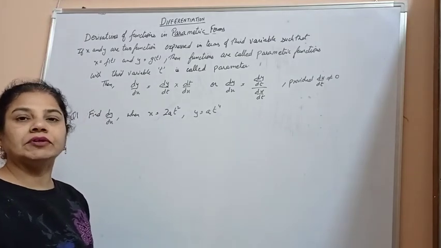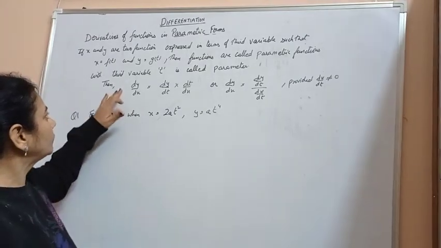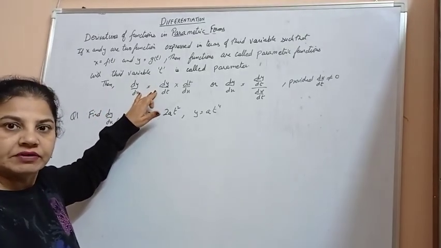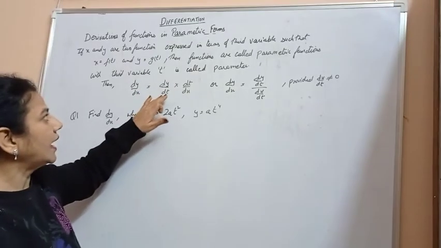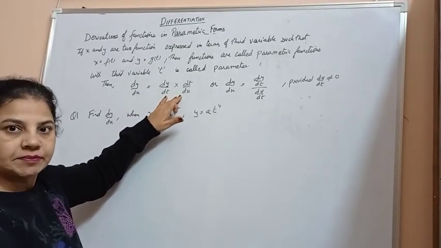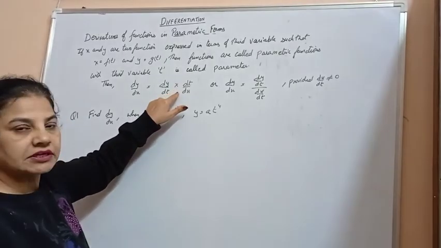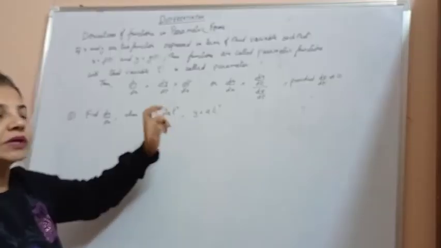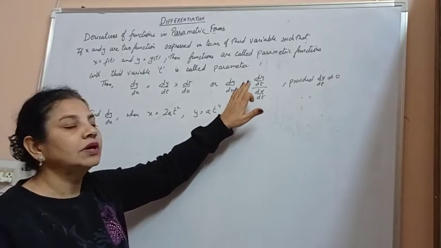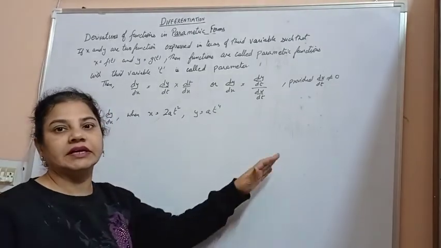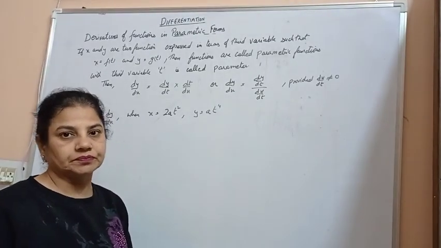To find the derivative of such a function, dy by dx is given as: we take the derivative of y with respect to t, dy by dt, and the derivative of x with respect to t, and multiply with its reciprocal dt by dx, or you can say that dy by dx is equal to dy by dt upon dx by dt, provided dx by dt should not be equal to 0.